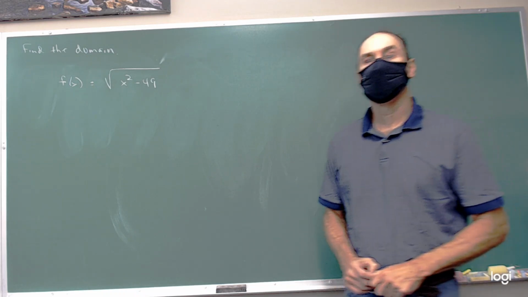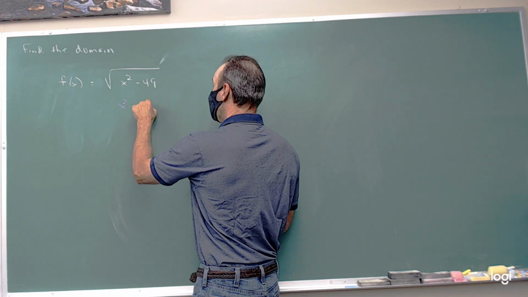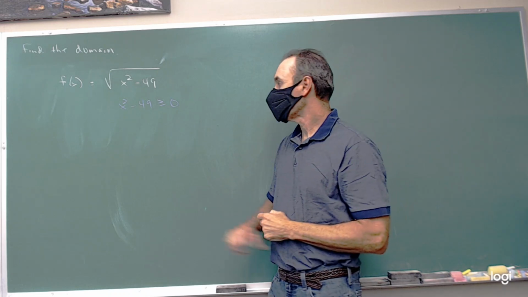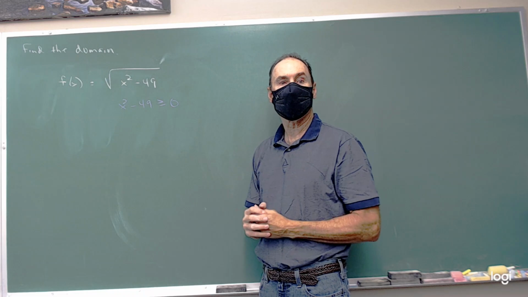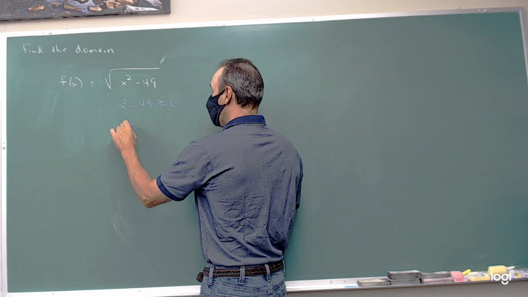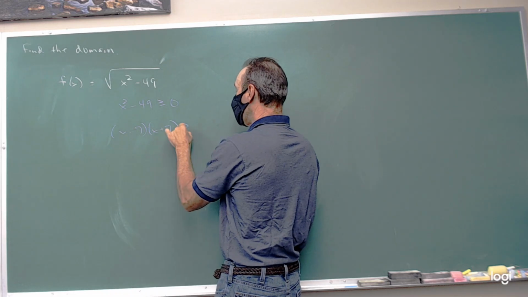Okay, so our strategy is to take what's inside the radical, make it greater than or equal to 0. It is not good math to add the 49 and square root both sides, because with an inequality, we don't have good meaning from that. So instead, we are going to factor that as the difference of two squares.